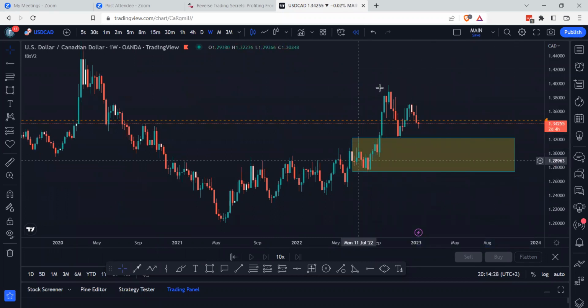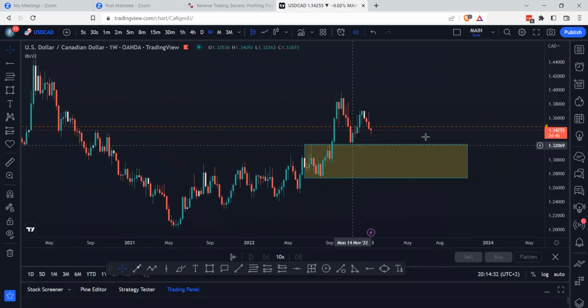So price has currently retraced into a demand. And as we all know, a lot of times price would take out liquidity like so before going back up.